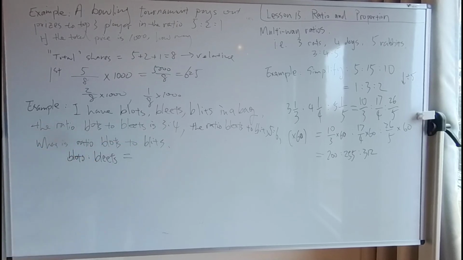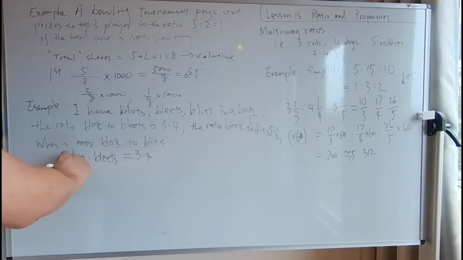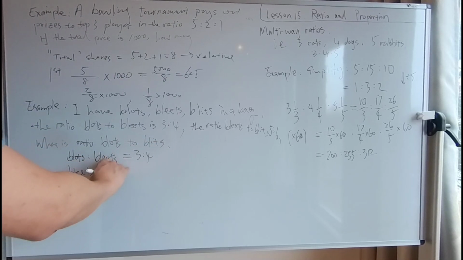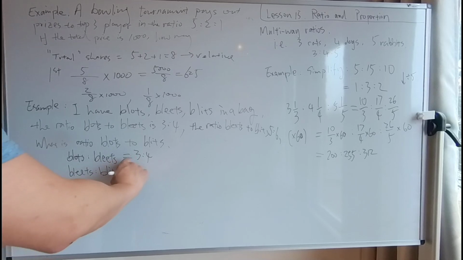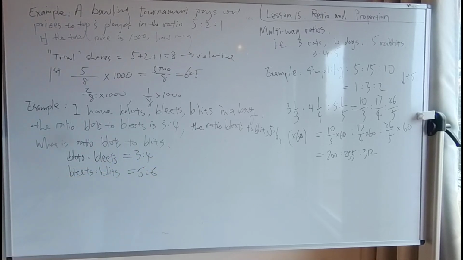First of all, blots to bleeds is 3 over 4, and bleeds over blits is 5 over 6. And I want to know blots over blits, right?